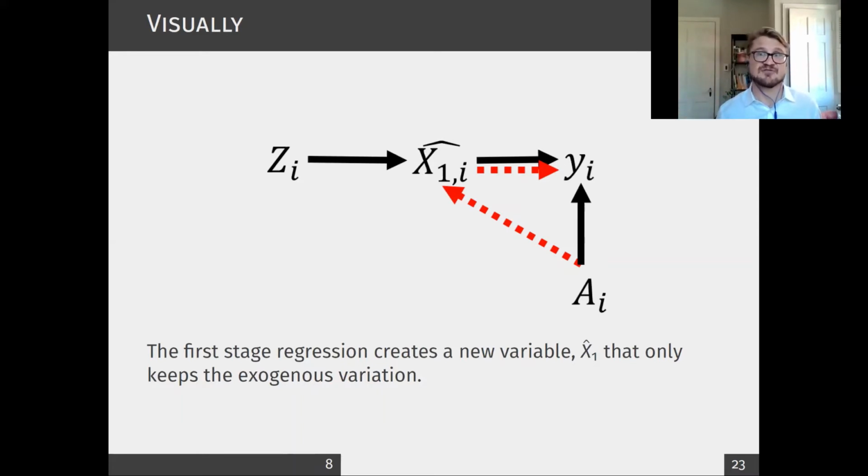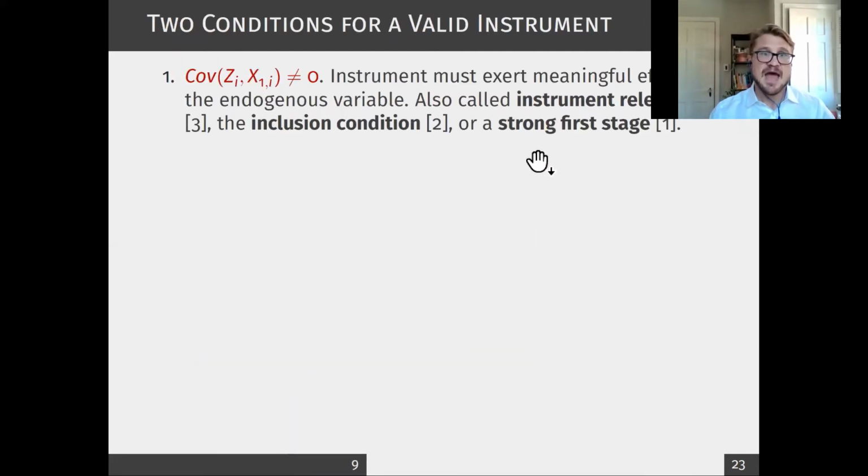What's remaining is this kind of reduced version of x1 that is only the x1 that is caused by z, or due to a variation in z. And that is the variable that we look at, that is now exogenous, because we've passed out all of this endogenous variation. And so there are two conditions that need to hold for a valid instrument.